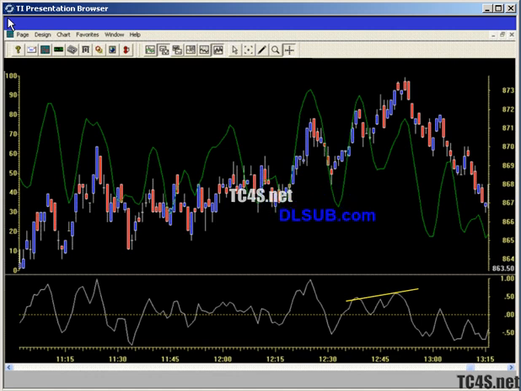To clarify this, let's label our three corresponding highs on this chart for the signal. Here's high number 1, high number 2, and high number 3. In our first example, we had a signal from highs number 1 and 2, and we had another signal from highs 2 and 3.